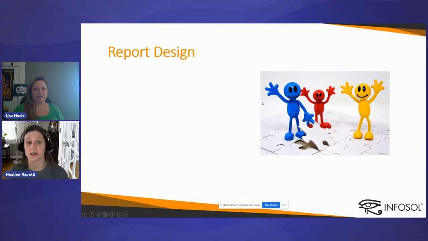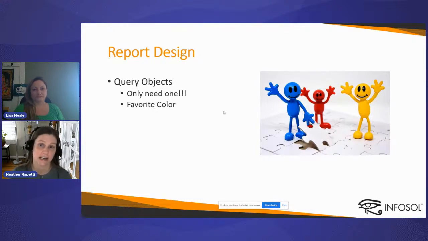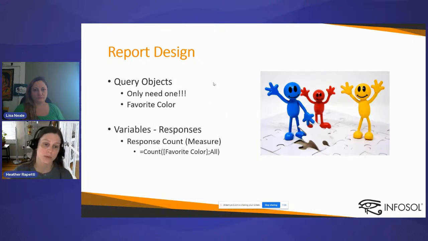Before I start designing, I want to give you all of the elements that you'll need so that when you go back to your desk and try to do this on your own, you have all the pieces in front of you. These will also be included in my slide deck. For the query objects, we really only need one, which is that list of all the different favorite colors. Once we have that, we need some different things along the response line, such as the count of all the responses.